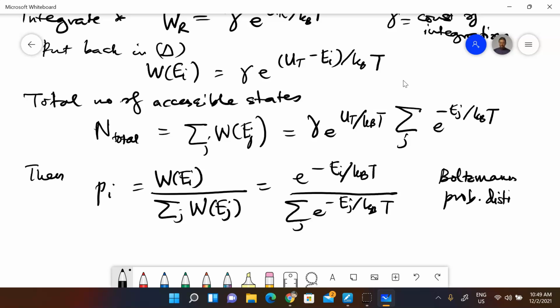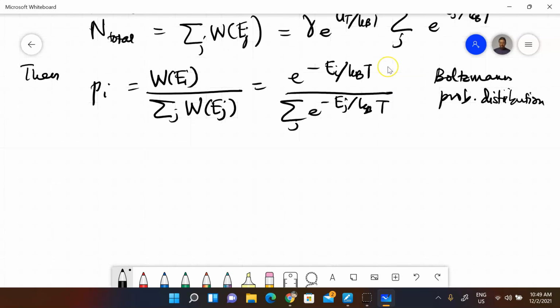Now the denominator here has a name. The denominator is really like a normalizing factor, so that when you sum the P_i's, that will be just equal to 1 essentially.